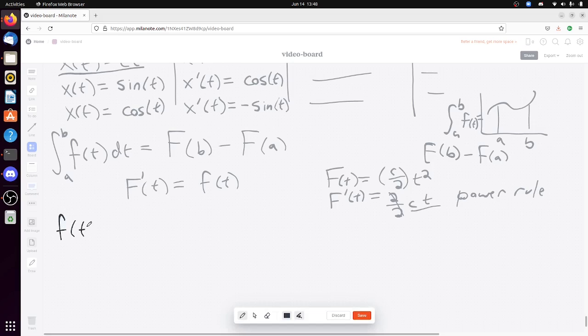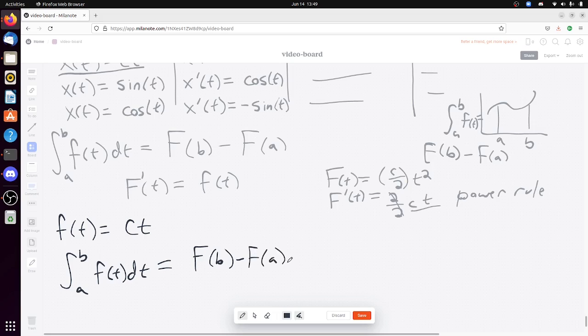So let's just say we're talking about f of t equals, let's just do what we've been doing, c of t, and we want to find the integral from a to b of this function, the area under the curve of this function. Well, according to this, it's going to equal big F of b minus big F of a, where F is sort of the opposite of the power rule.